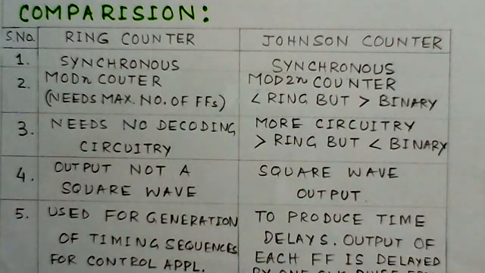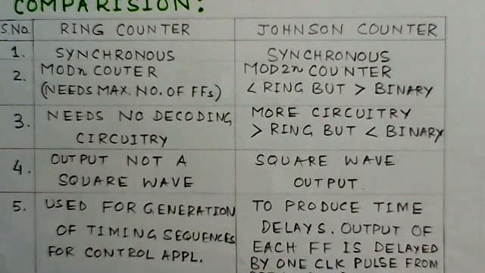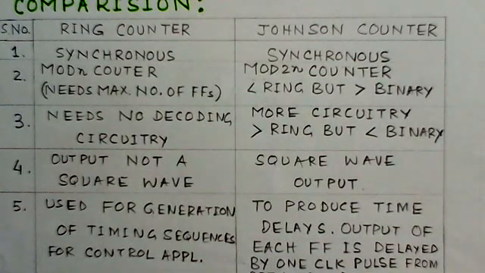This is used for timing sequences for control applications, and this produces delays. So the output of each flip-flop is delayed by 1 clock pulse from the previous output. So depending upon the application, you can use either the ring counter or the Johnson counter.